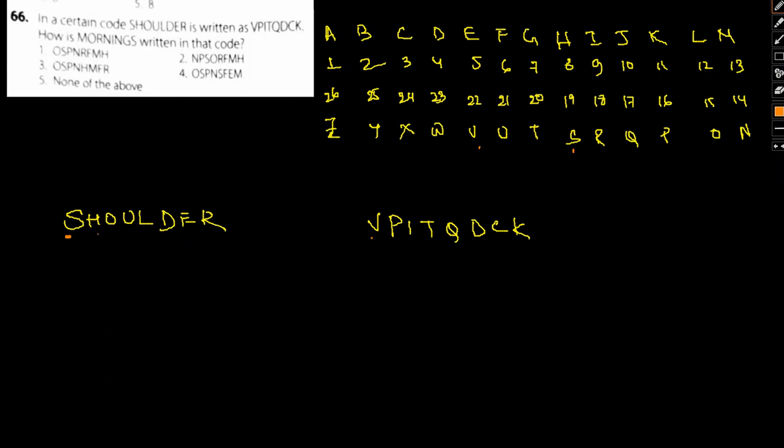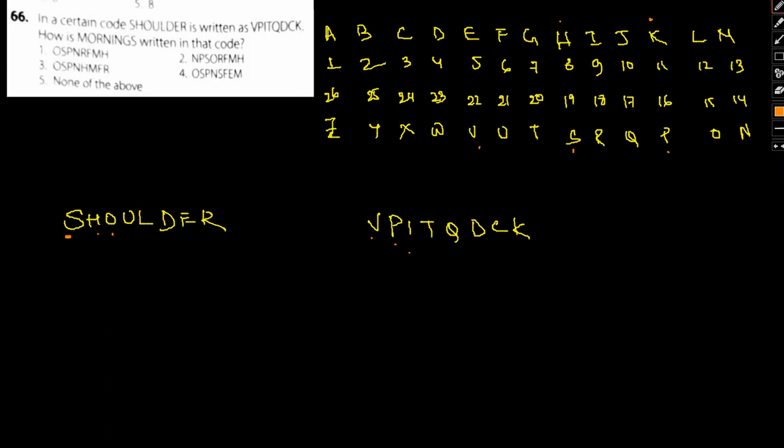So is the same pattern following? H to P, no, this pattern is not following. But one thing we can see: H plus 3 is 11, and opposite to 11 is P. So we have some sort of pattern.